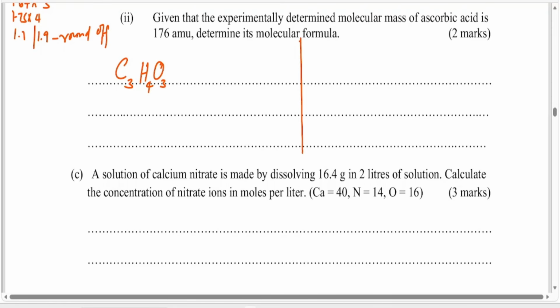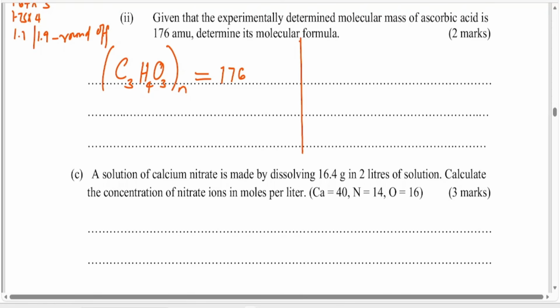And when you have this, you put N to represent the number of times these atoms are in a molecule, and you equate with the relative molecular mass, which is 176, first to obtain the N.